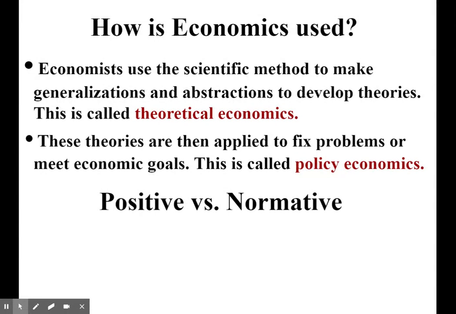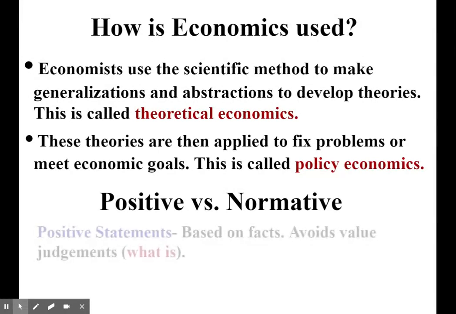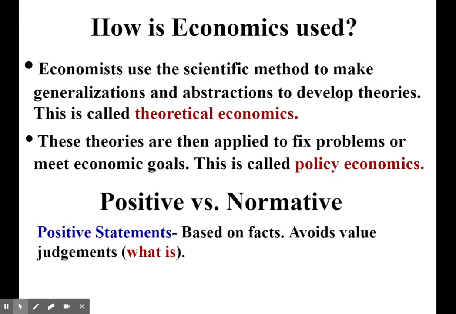There's also two ways that we talk about economics, positive versus normative. So when we think about economics, most of what we deal with is from a positive economic standpoint. These are our fact-based, avoiding value judgment, what is the data at hand sort of statements.